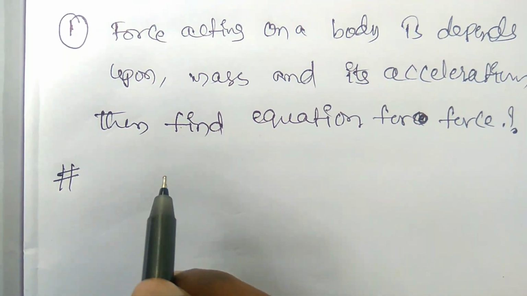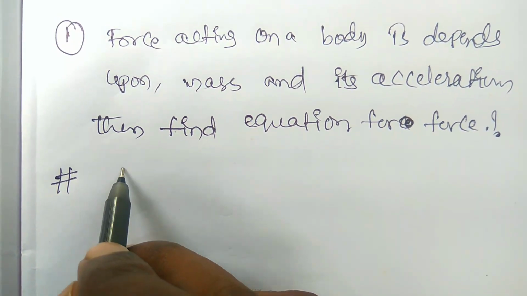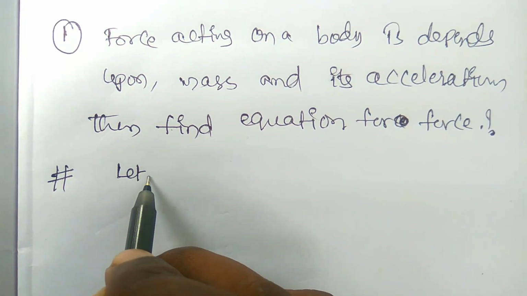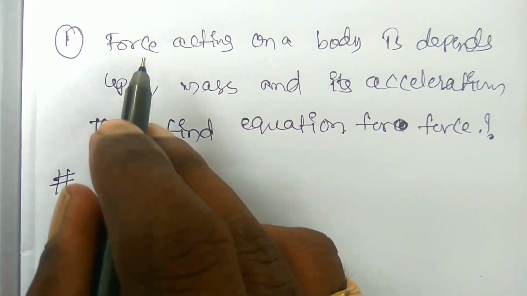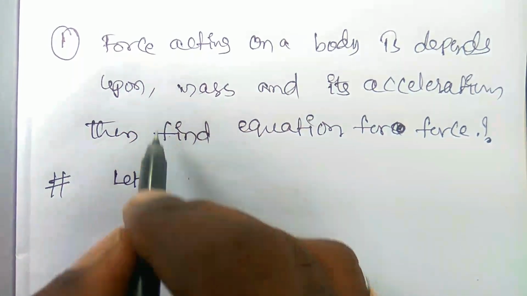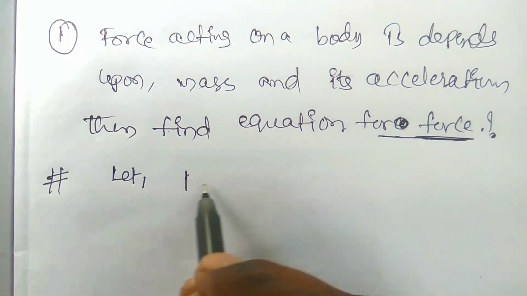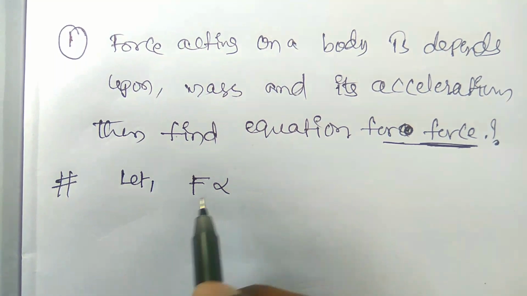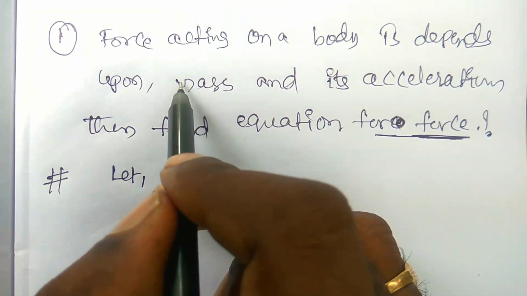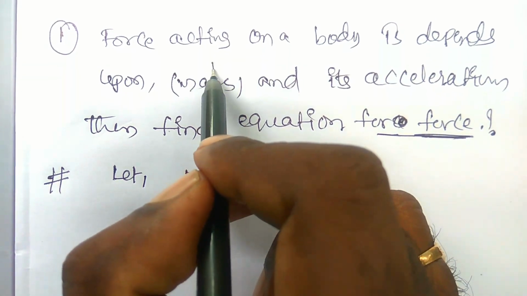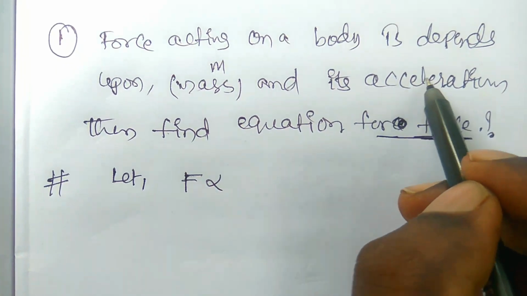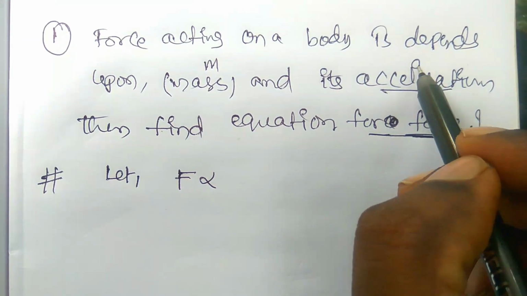So at first, the basic method is, let the force acting on a body depend on factors. Now we have to find the force. So let us take the force. Force will be directly proportional to the mass, and it also depends on the acceleration.